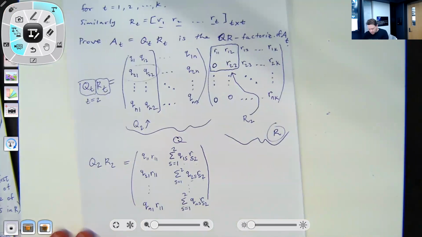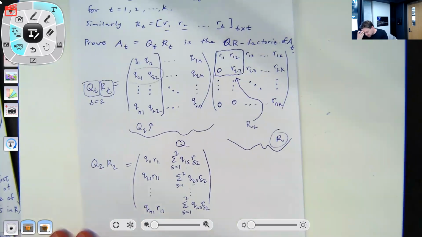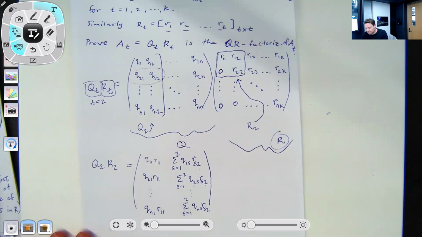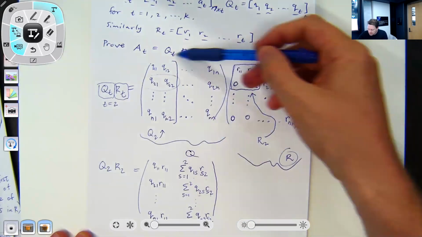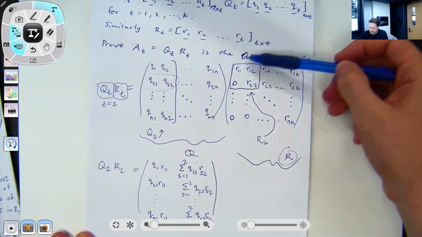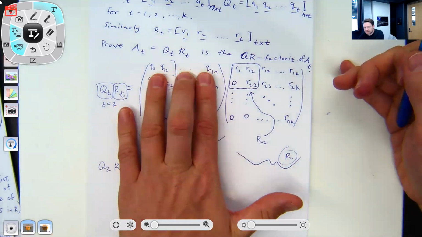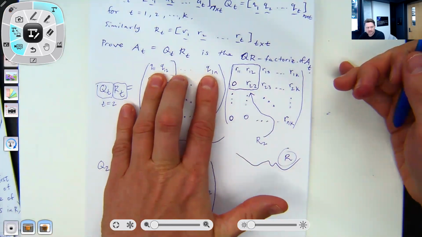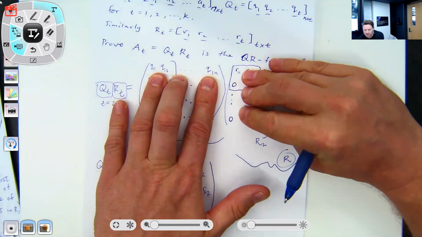Now we'll claim that this is actually the same as the first 2 columns of A. Let's have a look at what would happen if we actually multiplied out the entire Q times the entire R. If we take this entire top row, by taking all of Q times all of the first column of R, right?